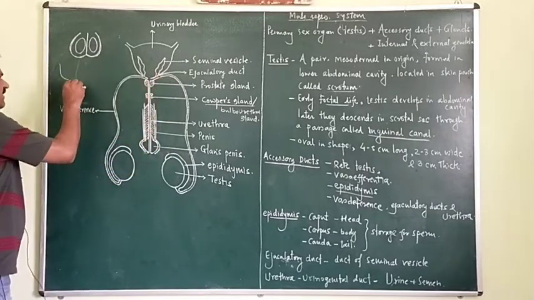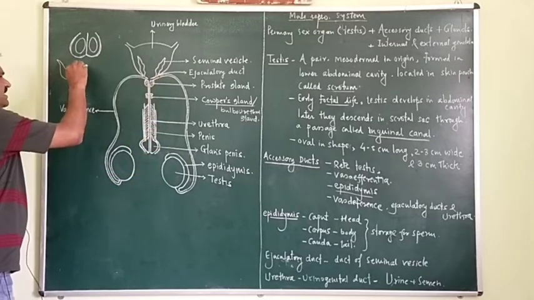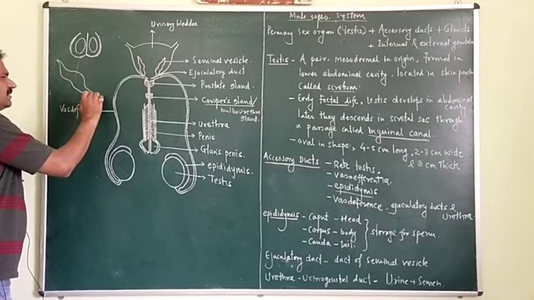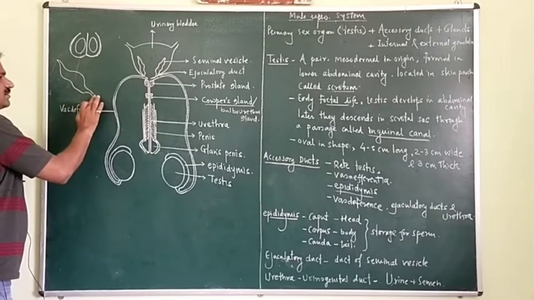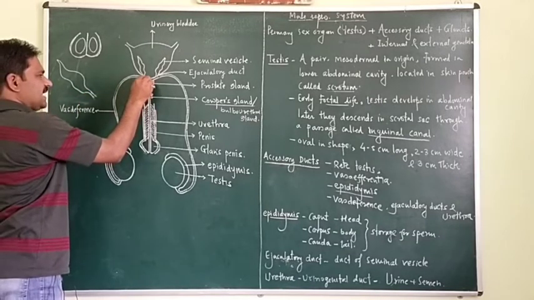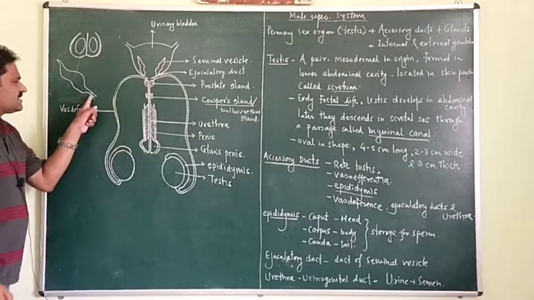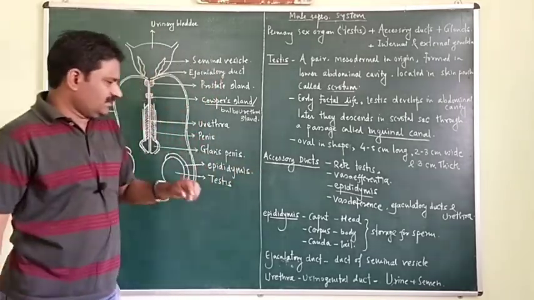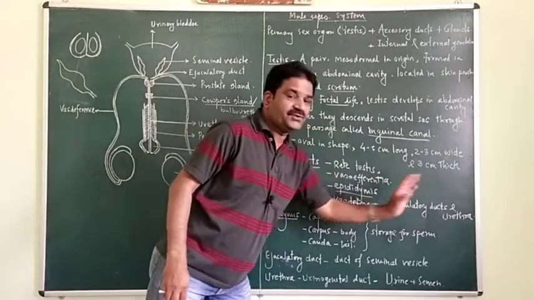Suppose this is the seminal vesicle. Consider this seminal vesicle having a duct at the base which opens into the prostate gland. This duct is called the ejaculatory duct. Now the ejaculatory duct and urethra.